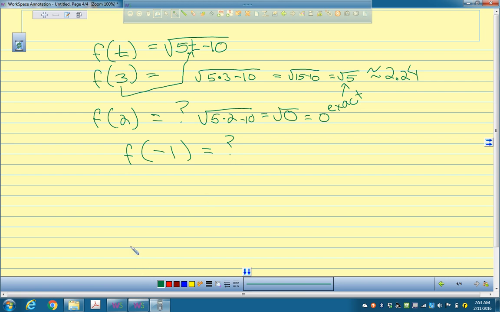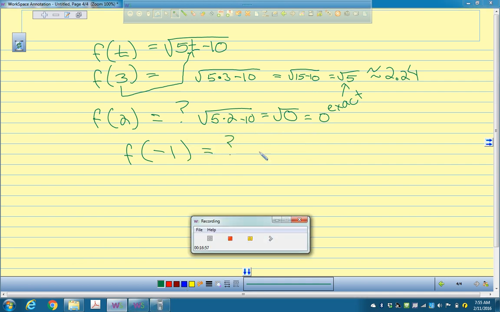F of negative 1. See what you come up with. Write it on your board. I got to pause. So most of you got square root of negative 15. Don't just leave it at square root of negative 15, because you can't take the square root of a negative.